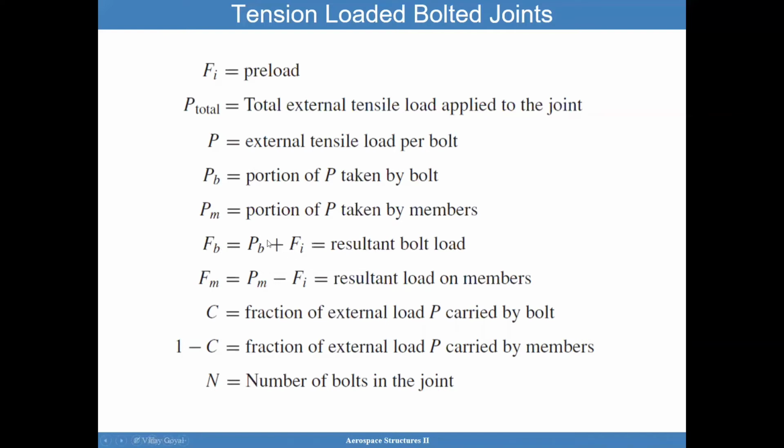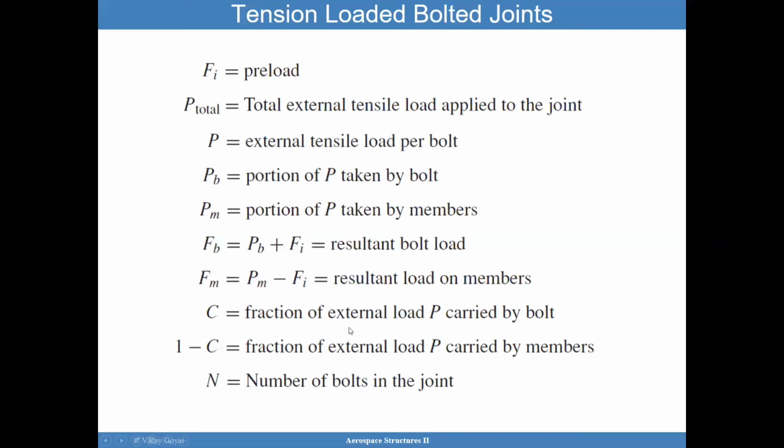For the member, however, because the member is in compression, it will decrease the resultant force on the member. So you have the load P that goes into the member, Pm, minus the preload, and that gives the resultant load on the member. These two quantities are very important.